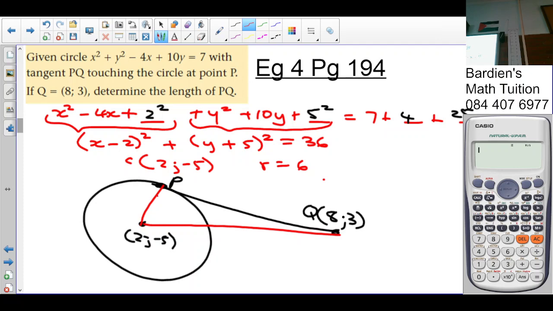We have a 90 degrees here. What do they want you to calculate? PQ, in other words that length here. What is the length of this line here? 6, your radius. What's the length of CQ? Can we work that out? How? Distance formula. So the distance CQ is going to be, work that out for me quickly.